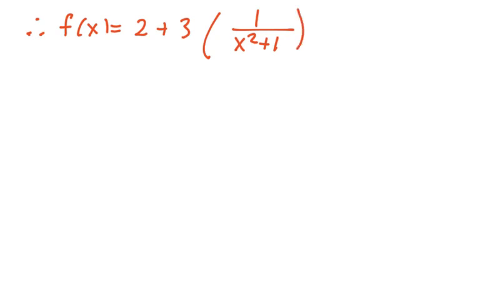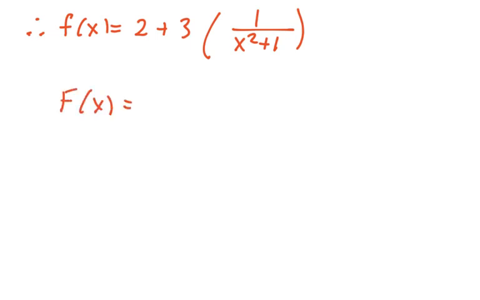Therefore, f of x is 2 plus 3 times 1 over x squared plus 1. Now, that's how we essentially split off that fraction. Okay? Now I want capital F of x.